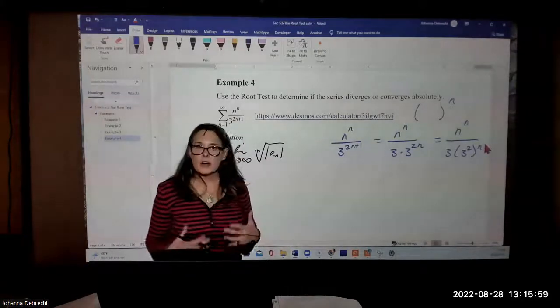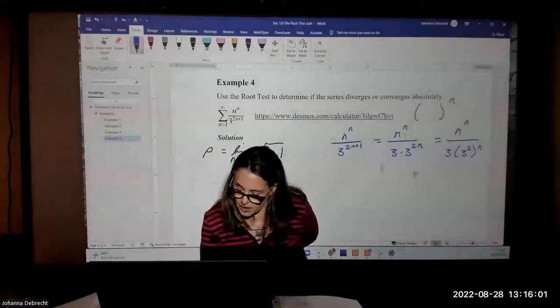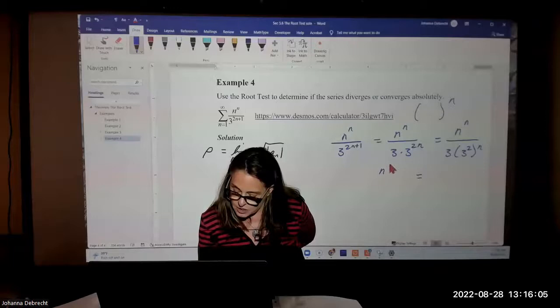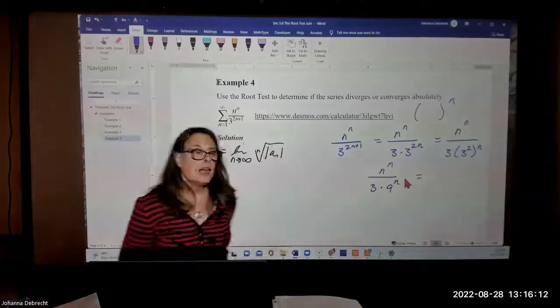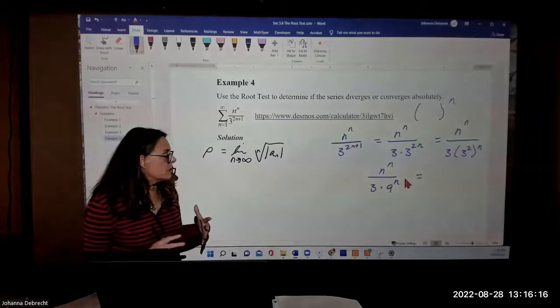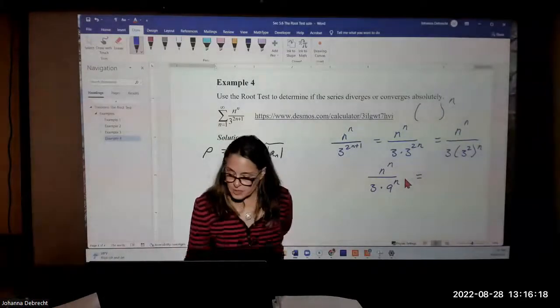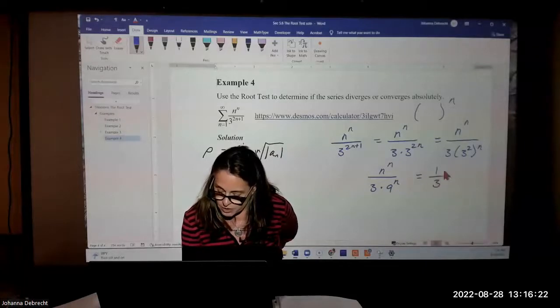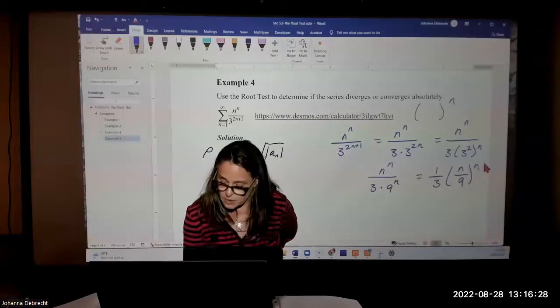But 3 squared is 9. So I think that I could rewrite this as n to the nth over 3 times 9 to the nth. And now I've got 2 things being raised to the nth power. So I can go ahead and put them together. And this would give me 1/3 of n over 9 to the nth power.